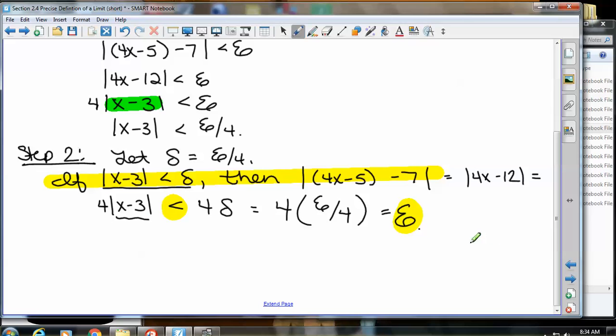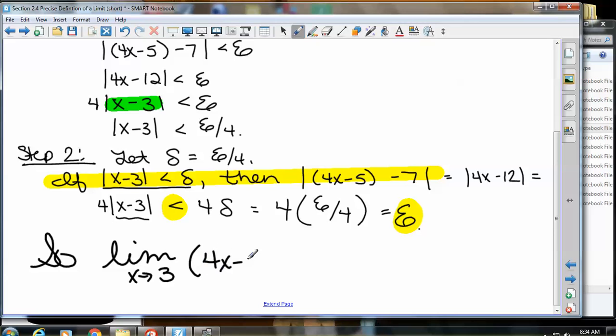Right there I got my less than, and right here I got my epsilon. So that is it. That means that the limit as x approaches 3 of 4x minus 5 does in fact equal 7.